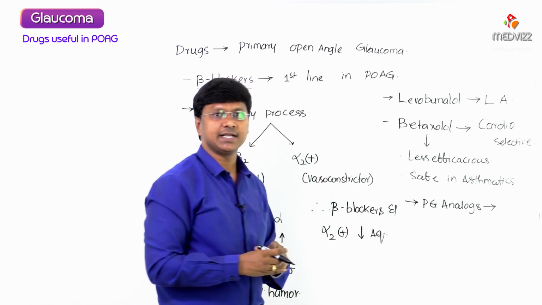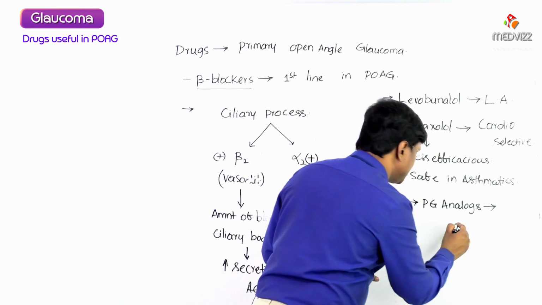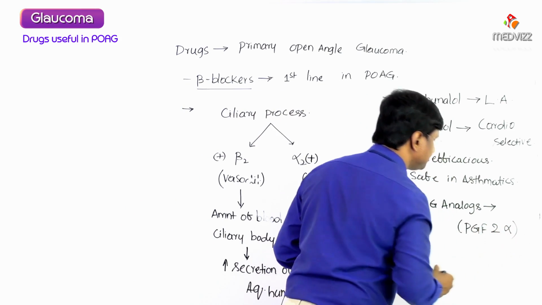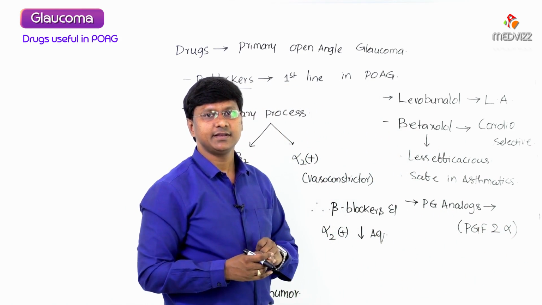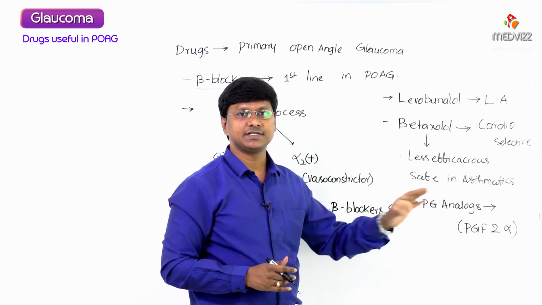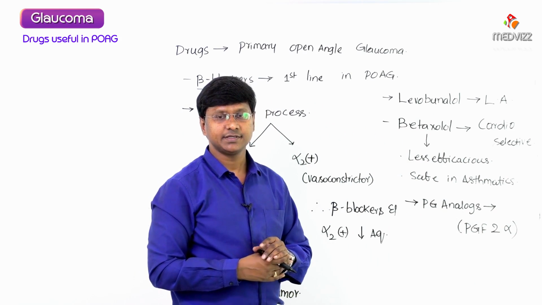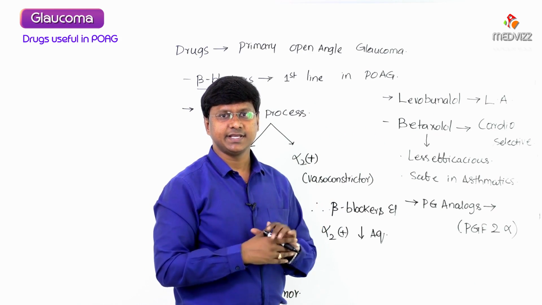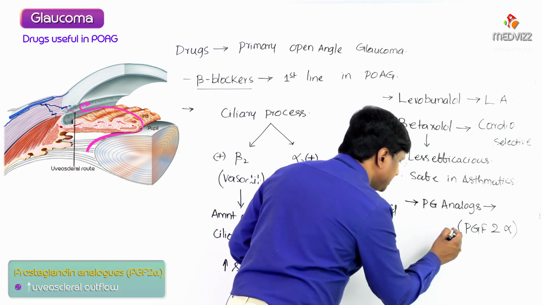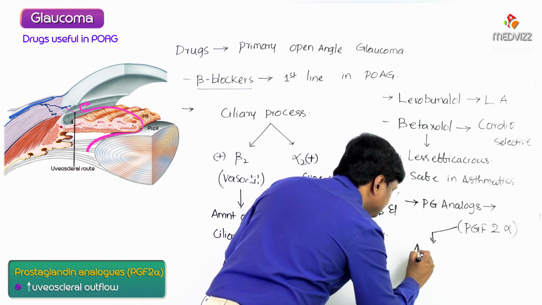These prostaglandin analogs include PGF2 alpha, the prostaglandin F2 alpha. Whenever this prostaglandin F2 alpha is stimulated, the PGF2 alpha will increase the uveoscleral outflow.